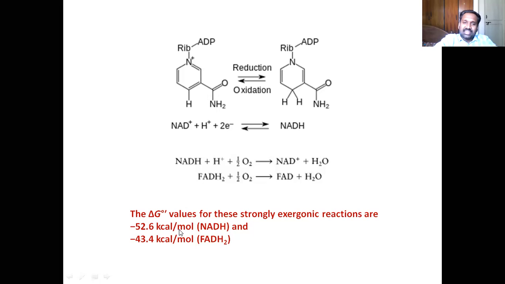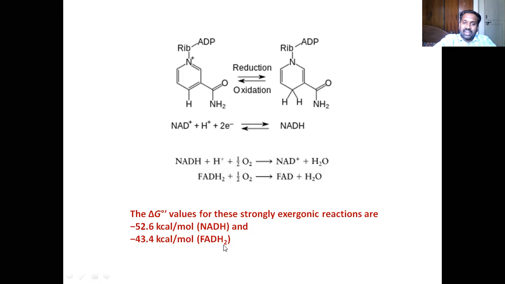If this reaction is somehow coupled with ATP synthesis, what would happen? In fact, if for 1 mole of ATP, 7.3 kilocalories per mole is enough, 52.6 kilocalories would yield how many ATPs? Almost 7 ATPs, right? So with oxidation of 1 mole of NADH, a cell can get 7 moles of ATP. So this is a very amazing reaction with respect to its utility for ATP synthesis.